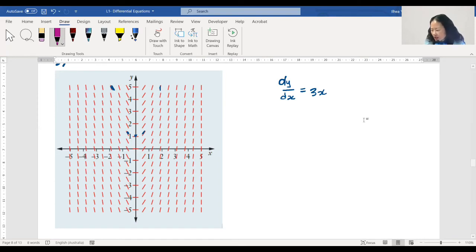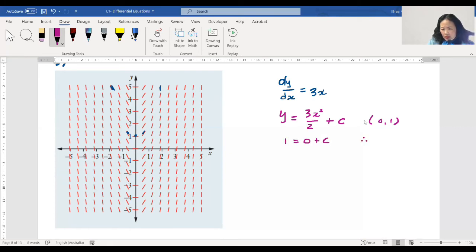So what I'm going to do is, there is that c first, y equals 3x squared over 2 plus c. Okay, and then it was at (0, 1). When you substitute in, 1 equals 0 plus c, so your c is 1. So I'm just going to put that c here. And so y equals 3 over 2 x squared plus 1. Okay, so this is what we are trying to do.